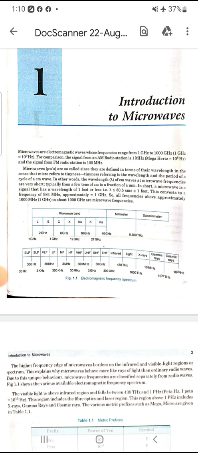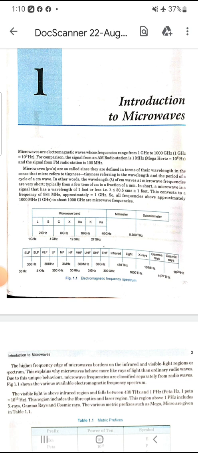The S band has a range of 2 gigahertz to 4 gigahertz, then the C band has a frequency between 4 gigahertz and 8 gigahertz, then the X band has a starting frequency of 8 gigahertz to 12 gigahertz end frequency, then the Ku band. The band that comes before K is called Ku, where U stands for under, so K under band, which starts at 12 gigahertz and ends at 18 gigahertz.